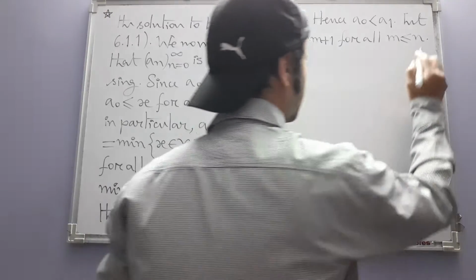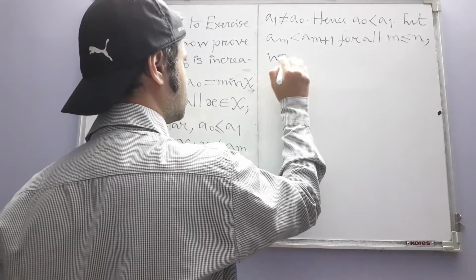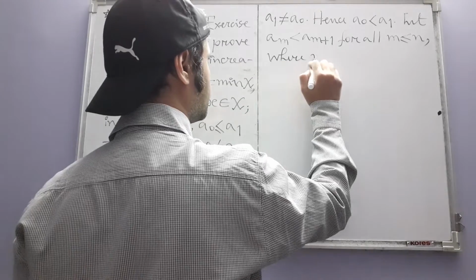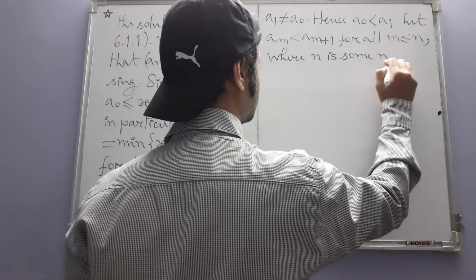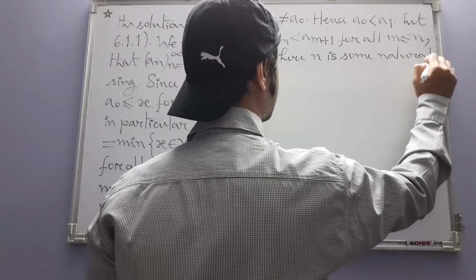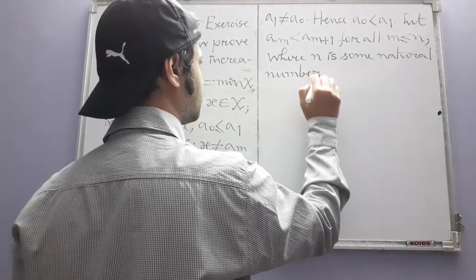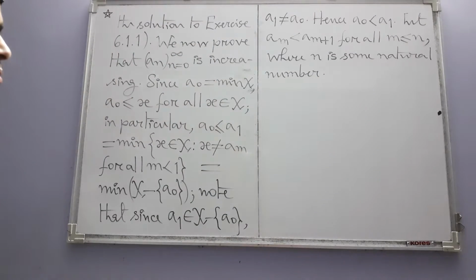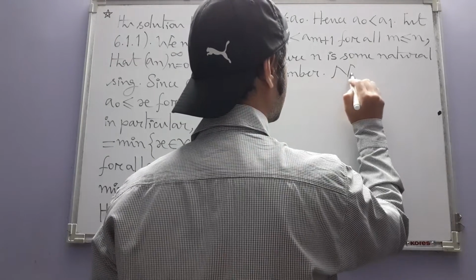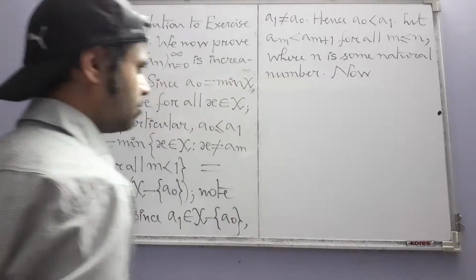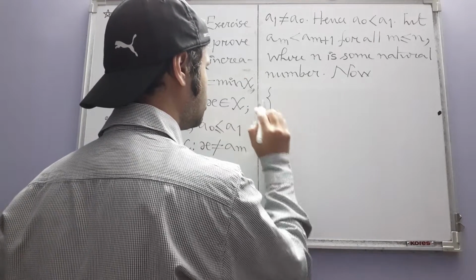And because we are actually writing everything, let us also mention where n is some arbitrary but fixed natural number. Now you look at this containment. We are going to look at two sets.